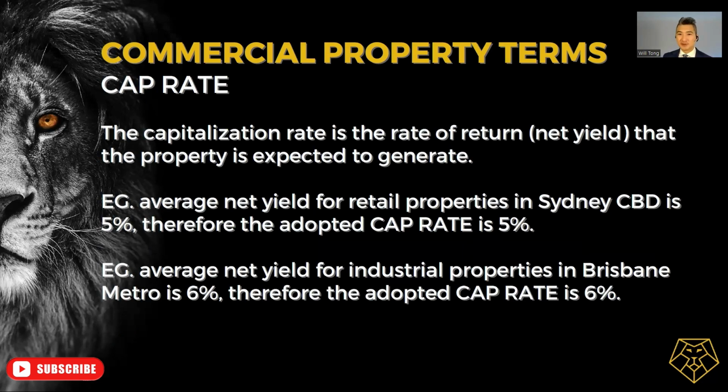So therefore, we can adopt that a cap rate of retail properties in Sydney CBD is 5%. So that's the expected rate of return. Another example will be, let's say the average net yield for commercial properties in Brisbane Metro is 6%. Therefore, we can adopt that the cap rate for industrial properties in Brisbane Metro is 6%.